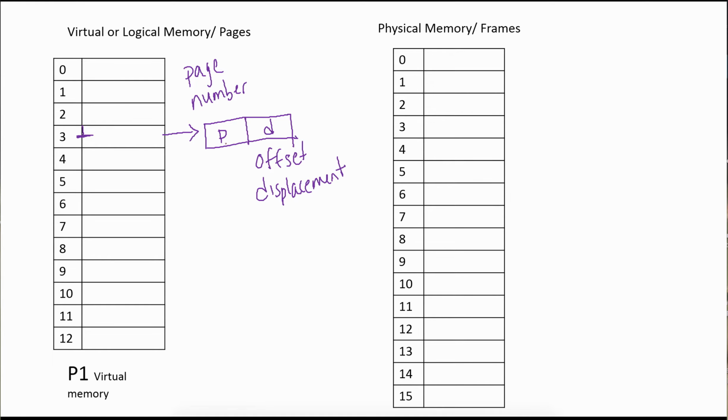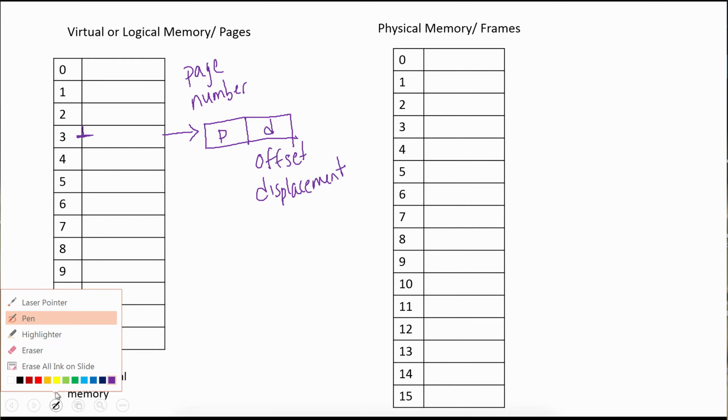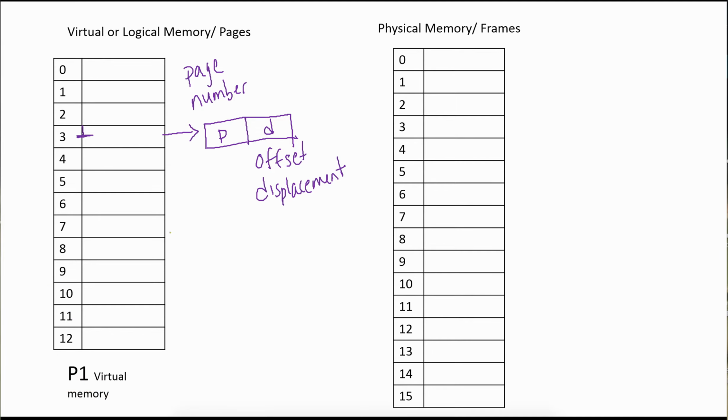It's made up of a page number, and the number of bits that are used for the page number indicates how many pages there are. In this case, there's 12 pages, so you would need 4 bits for that.